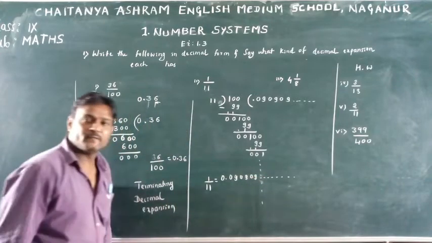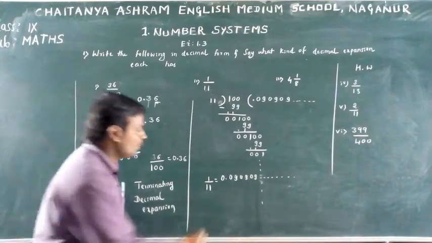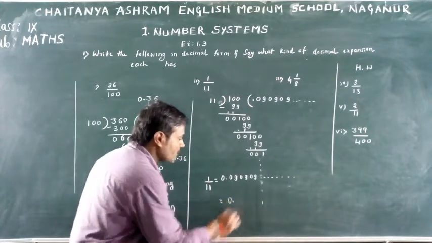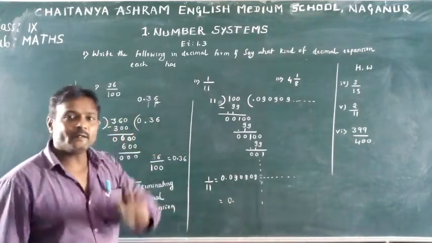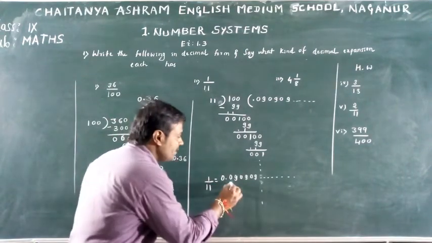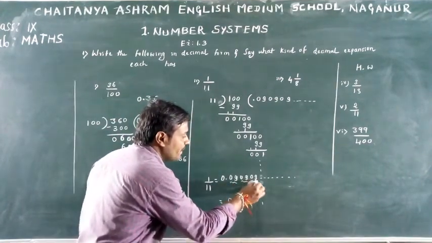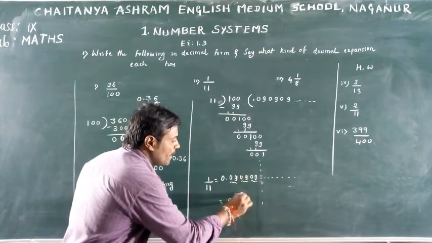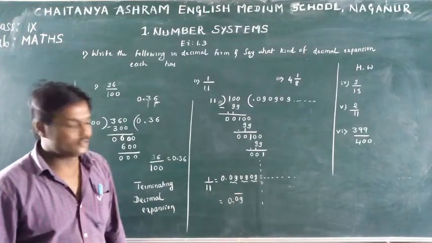Yes, in the previous video I said how to write this symbolically. How many digits are repeating? 2 digits are repeating. What are those? 0 and 9. These two are repeating again and again. So write those two repeating digits. Write a bar over those two repeating digits.